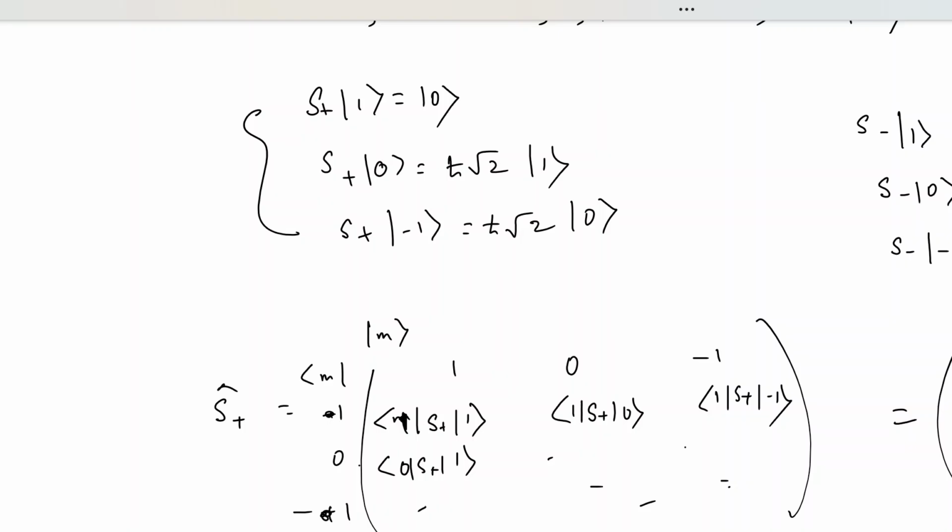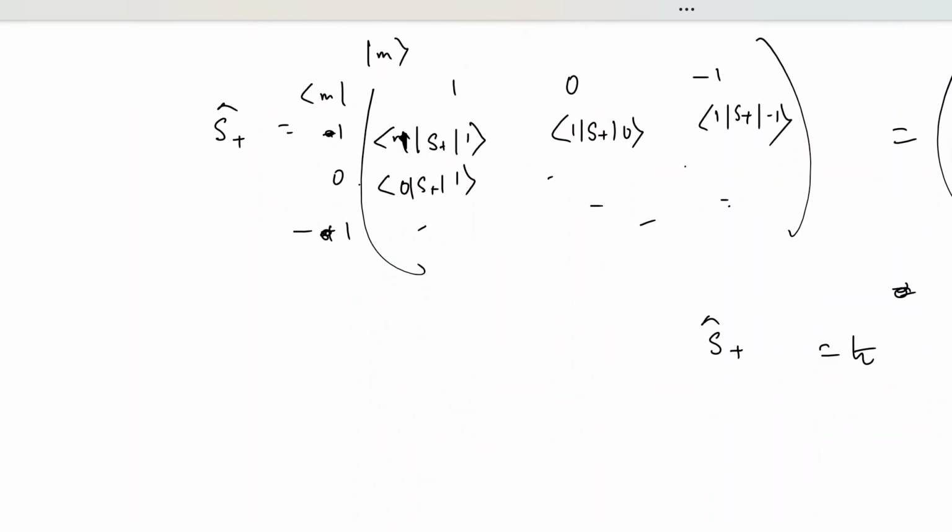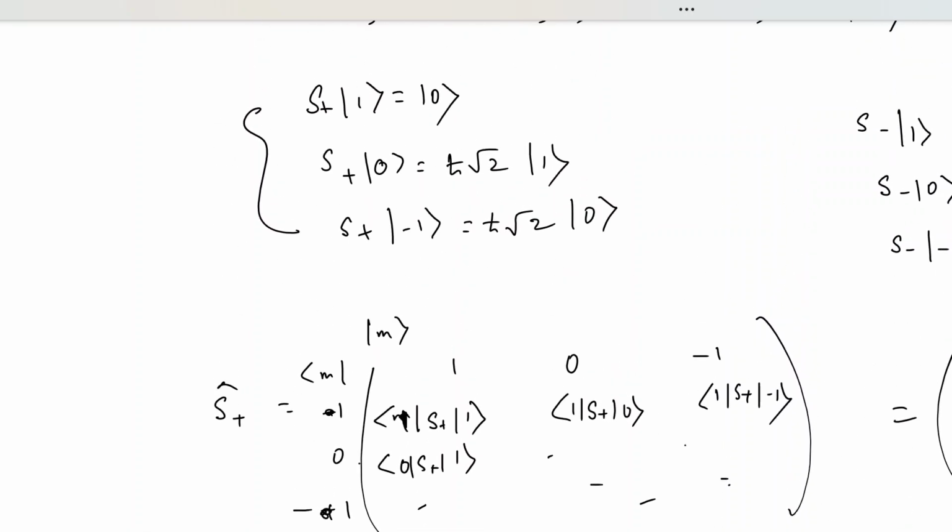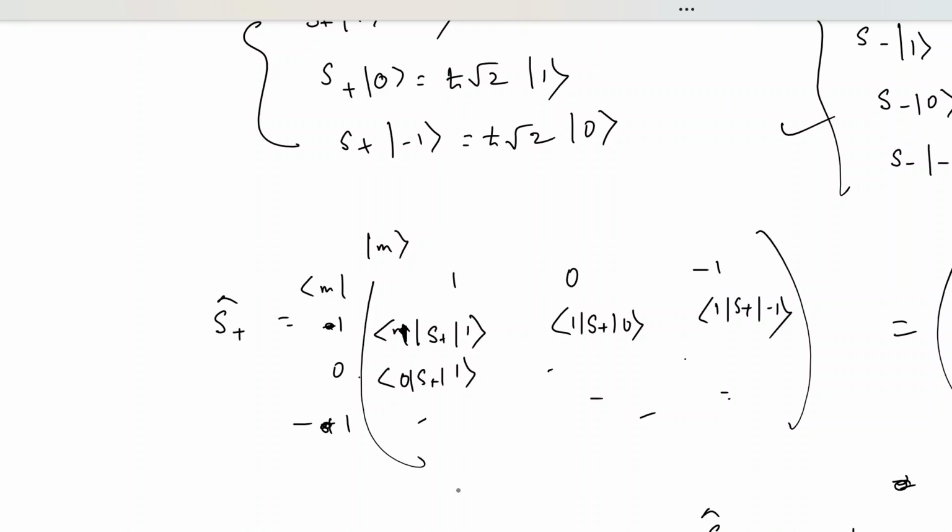This is the S plus matrix in the Sz basis. Similarly, you can do the same thing for the S minus matrix. Instead of S plus, you will use this kind of form, but the rest of the things will be similar. So I'm directly writing down the form in the Sz basis: ħ times 0 0 0 root 2 0 0 0 root 2 0.